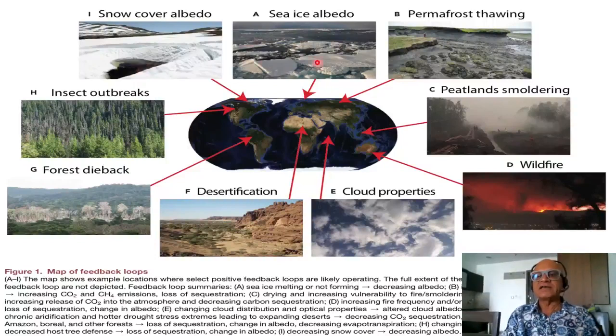Similar to the sea ice albedo, permafrost thawing, for example, can release some of the greenhouse gases embedded in them, like methane and CO2, and they can also change the albedo, but there are also complications in terms of whether the permafrost thawing then leads to phytoplankton and more carbon sequestration due to photosynthesis. So this research is still going on.